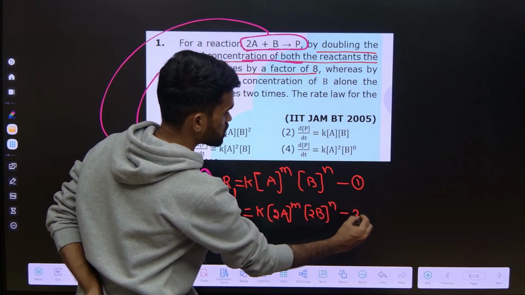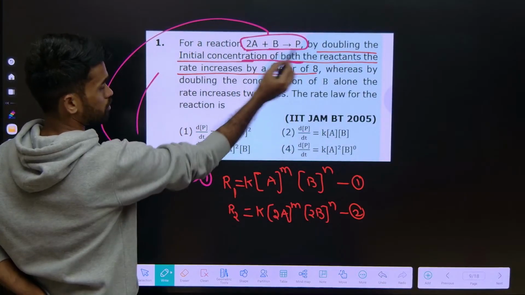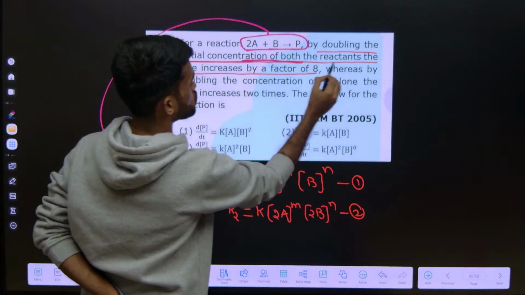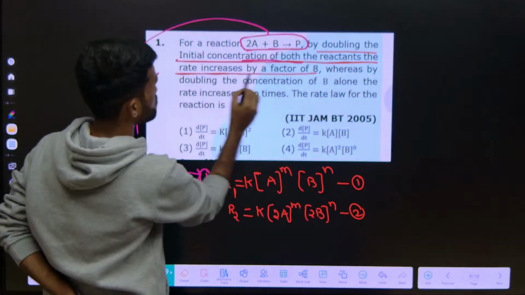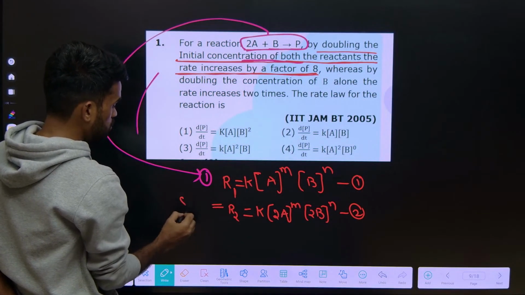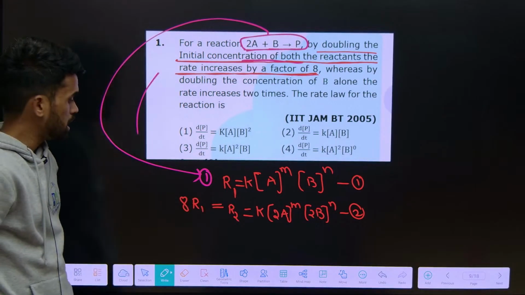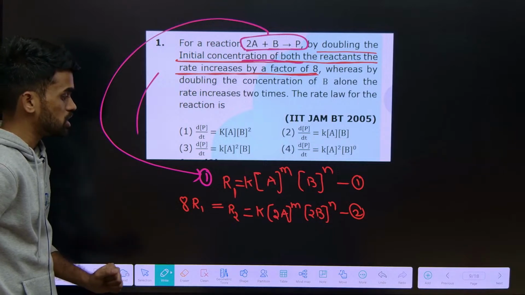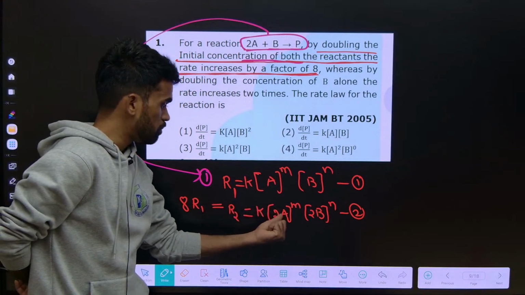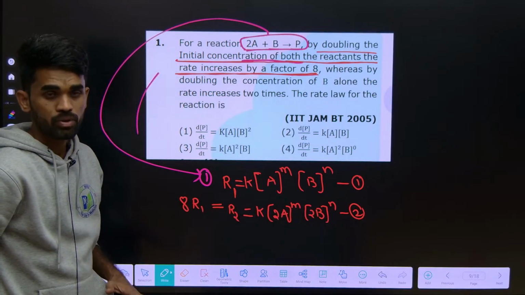This is equation number 2. By doubling the initial concentration of both reactants, the rate increases by a factor of 8, that is nothing but R2 becoming 8 R1.